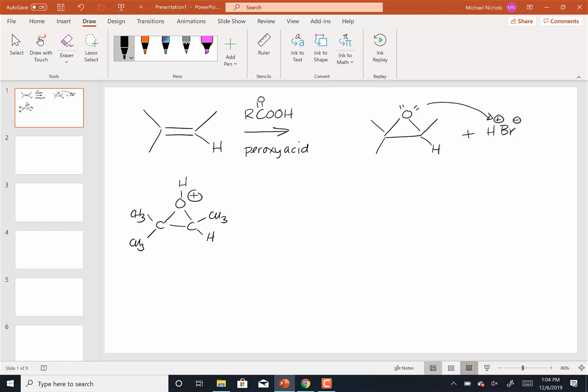Now, the oxonium ion is not happy with a positive charge. So what's it going to do? It's going to take that positive charge and push it down into the carbons, making something that looks like this. Each of the carbons is going to share in some of that positive charge.